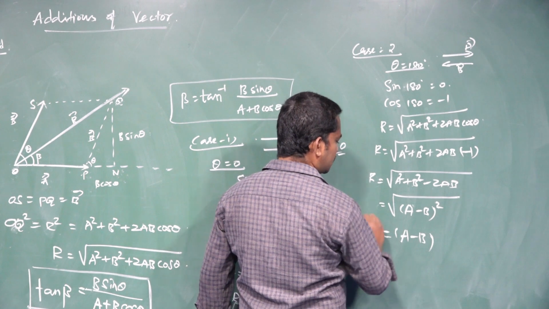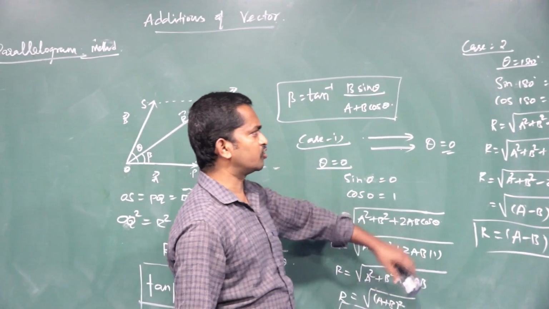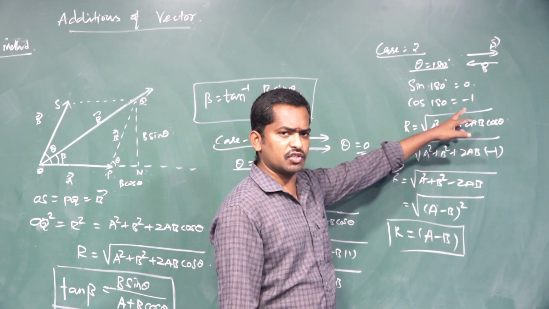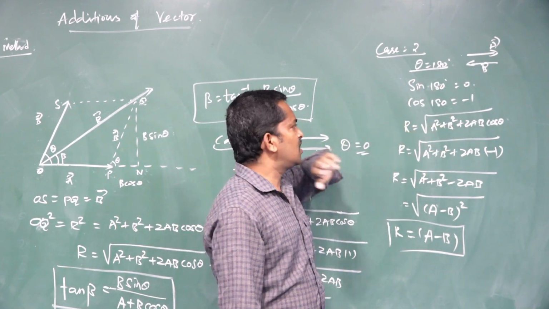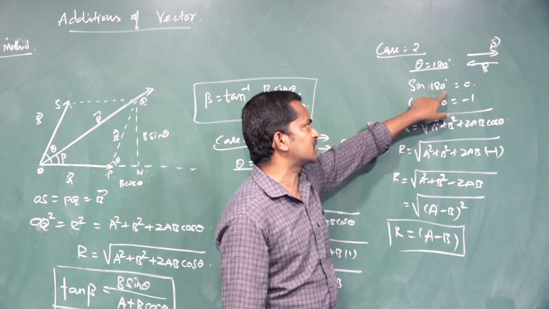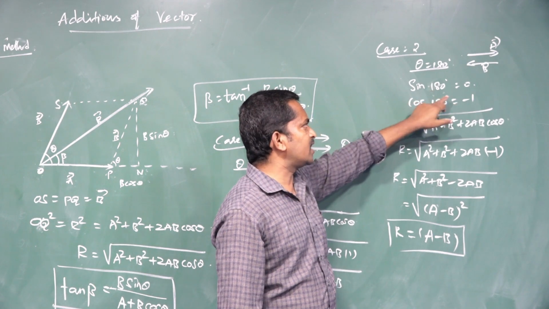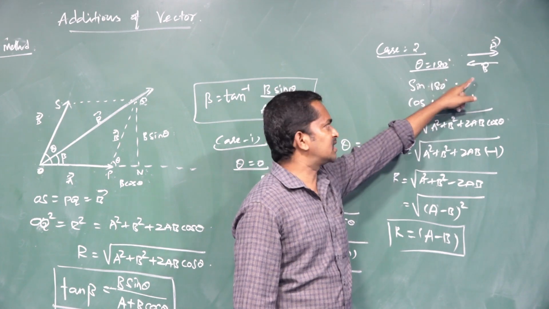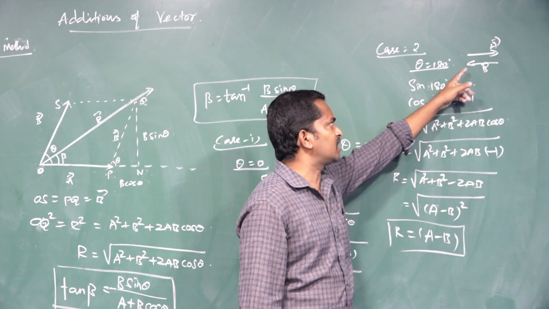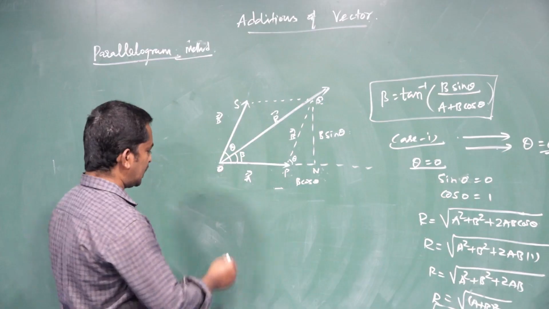So the resultant vector R is equal to a minus b in the opposite direction, which means 180 degrees means opposite direction or anti-parallel. So it is very important. Sin 0 is 0 and sin 180 is also 0. Sin 0 means parallel, sin 180 means anti-parallel. Anti-parallel means opposite direction. Resultant vector is equal to a minus b. And next is case 3.